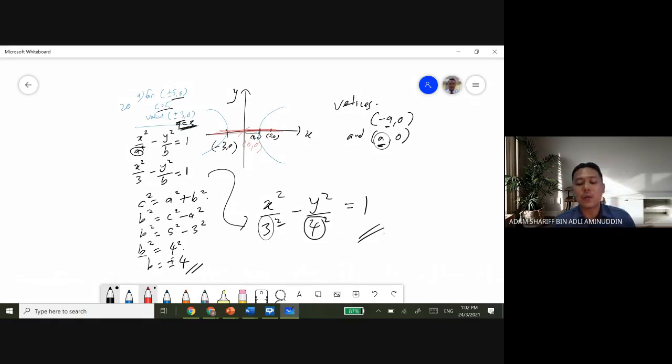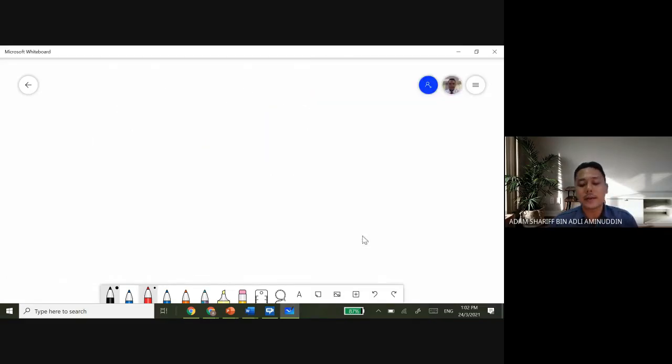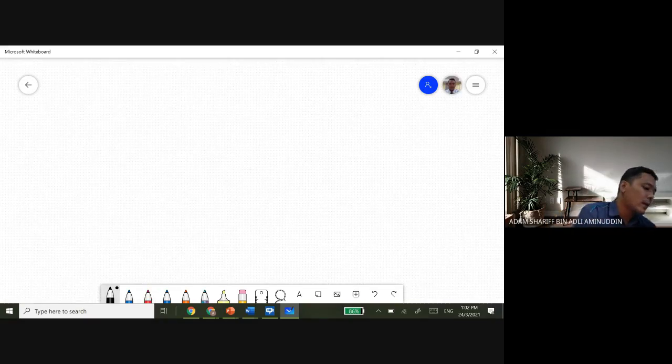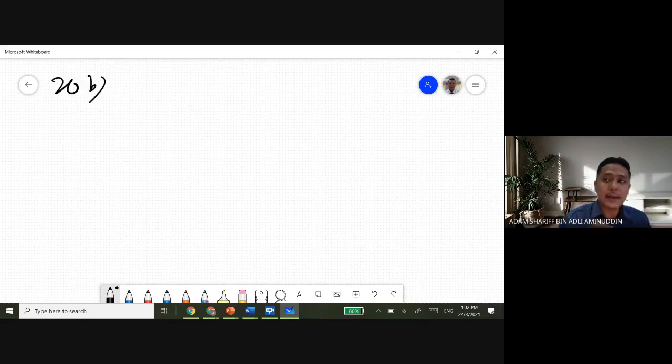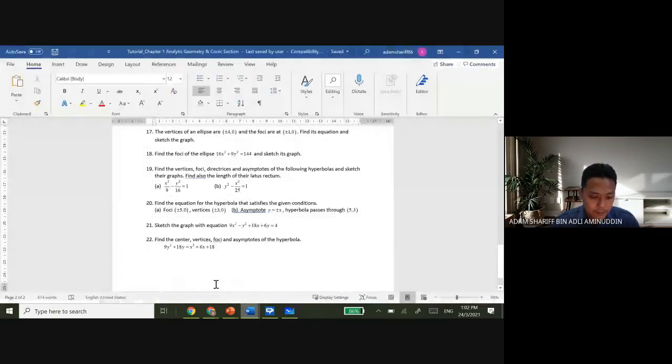Okay, let's go to the next one yang agak mencabar. Terus terang saya cakap mencabar, saya hampir nak verify benda tu dengan lakaran sebenar. Okay, the original question of 20B, dia bagi asymptote. Asymptote is y equals to plus minus x. Dua maklumat dia bagi. And it passes through 5, 3.